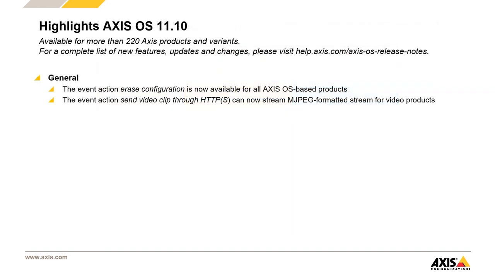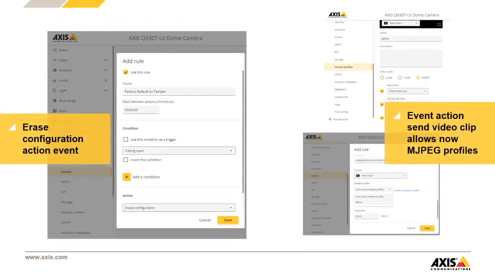So looking now at the star of this show, Access OS 11.10, it was released for more than 220 Access products and their variants. And to start with, we improved the event system. All products got the erase configuration action event that, when triggered, will let the device initiate a factory default to erase all its data.